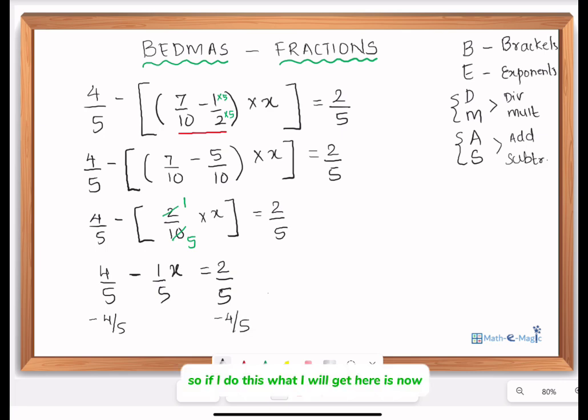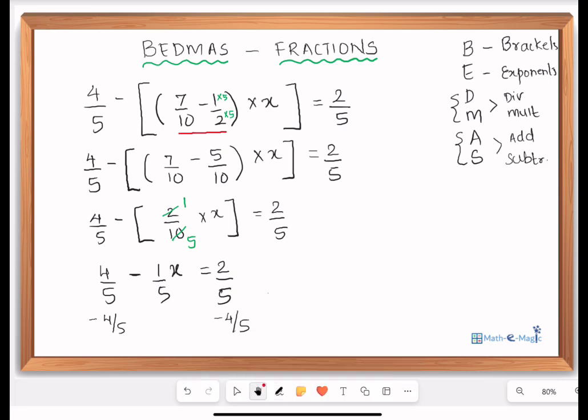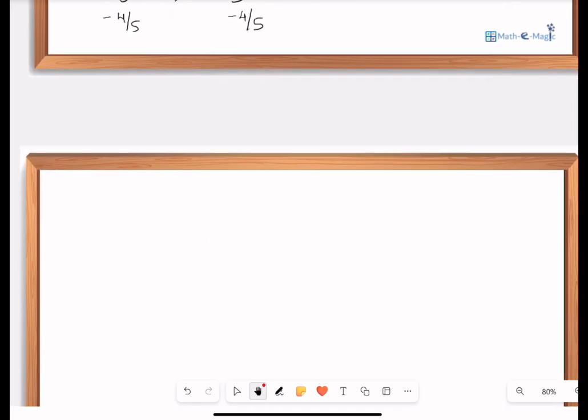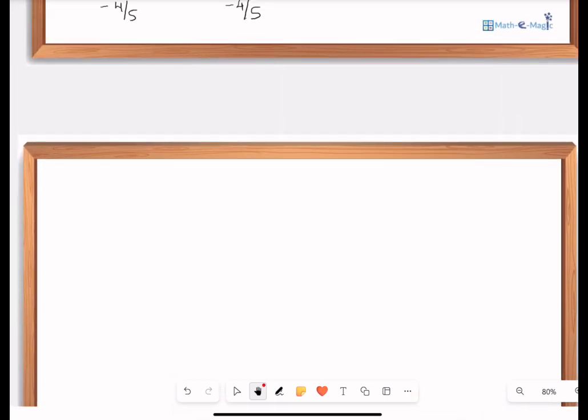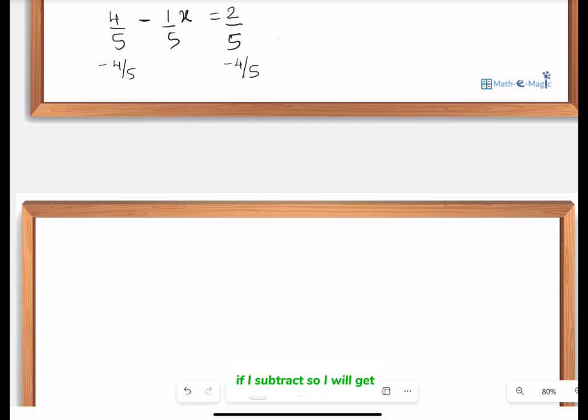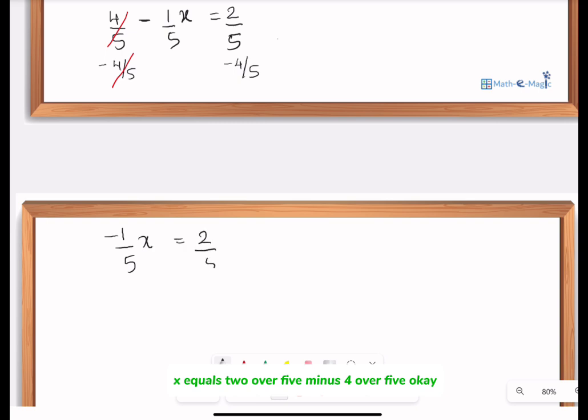If I do this, 4 over 5 gets cancelled, and what remains here is minus 1 over 5 x equals 2 over 5 minus 4 over 5.